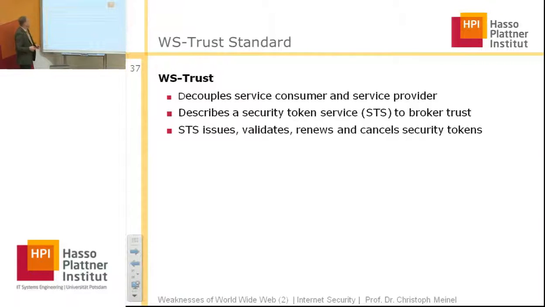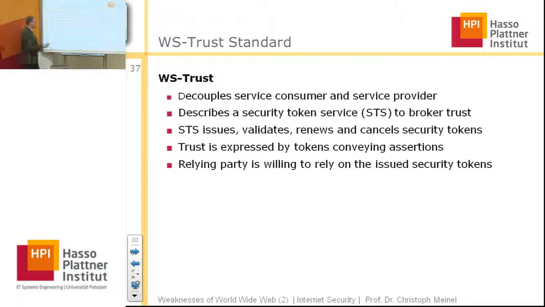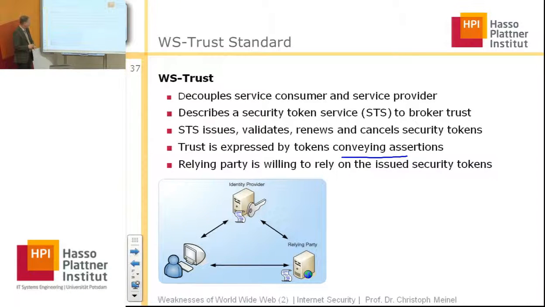This STS issues, validates, renews, and cancels security tokens. The trust is expressed by tokens conveying assertions. This is an important mechanism. The relying party is willing to rely on this issued security token.